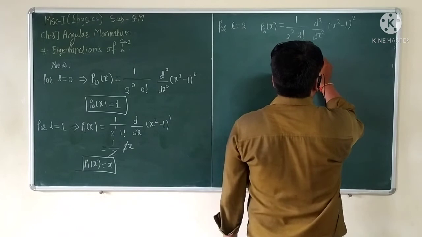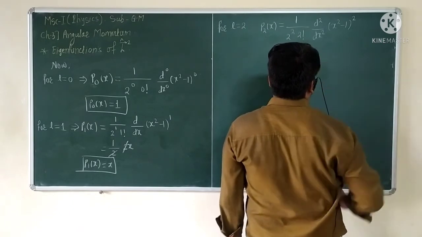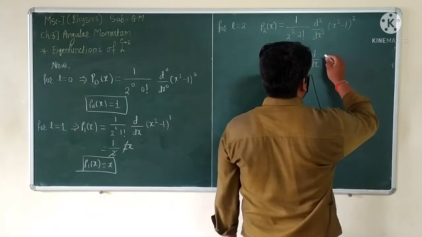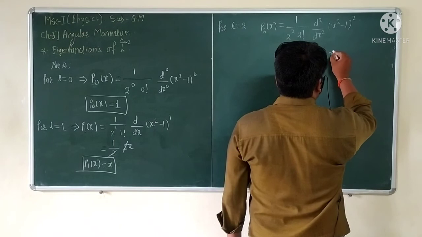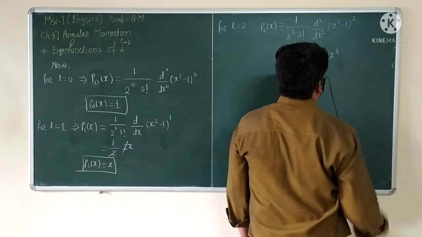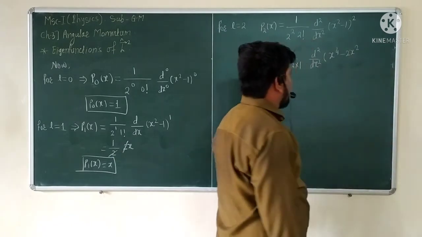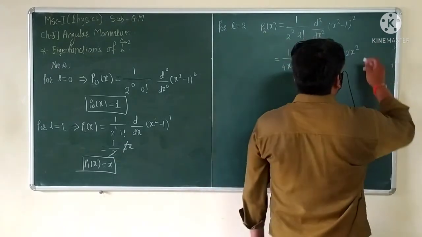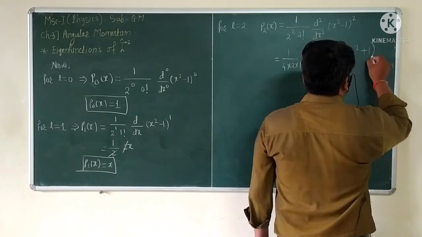So d by dx of d square by dx square of x power 4 minus 2x square plus 1.